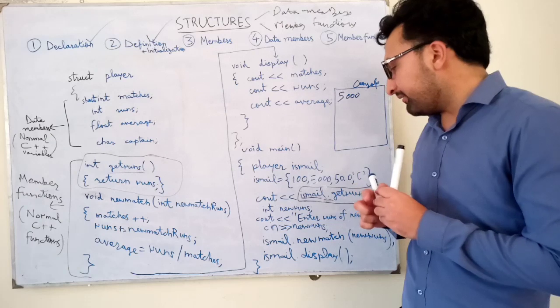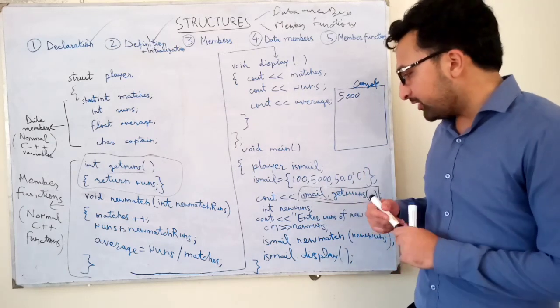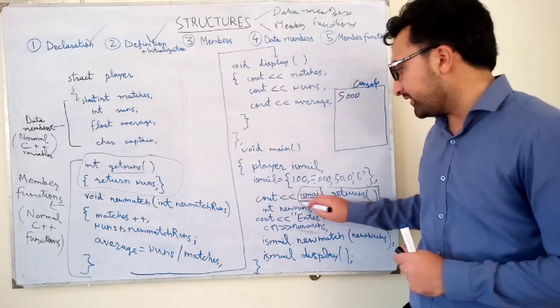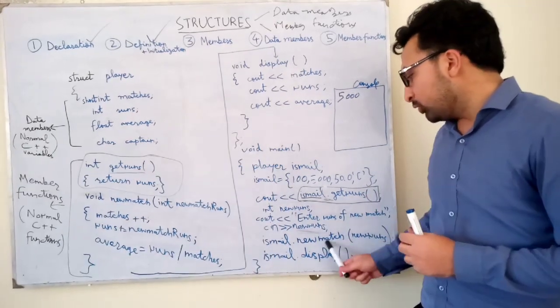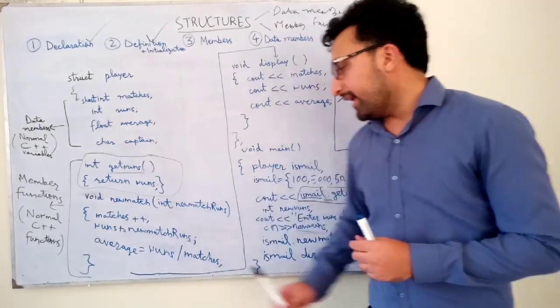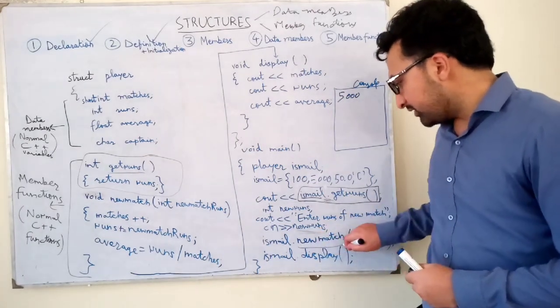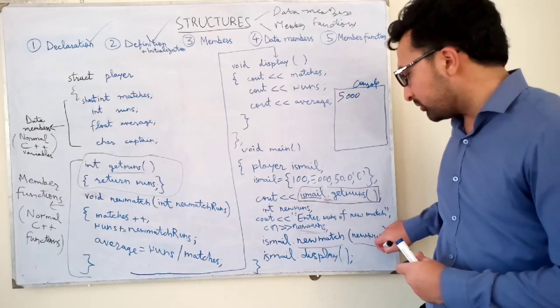After that we take input from the user, enter runs of new match, and whatever the user enters goes into the variable new runs that is defined here in the main program. When the new match function is called, the input that we took from the user is passed on to that function.